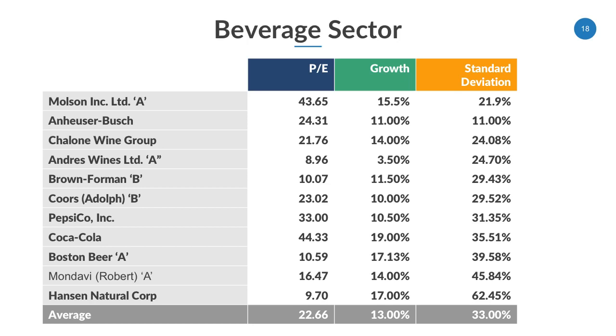What we see is that while Andre Wines has one of the lowest PE ratios, it also has the lowest expected growth rate in the group, which may explain the low PE ratio. That's not the case for Hansen Natural. The company has one of the higher growth rates in the sector at 17%. But what we see is that it has a very high level of risk as reflected in the standard deviation of 63%.